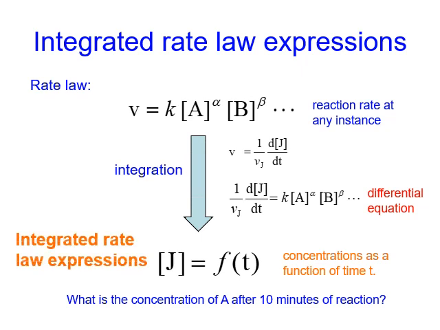This is called the integral rate law. The rate law tells you how the reaction rate changes when concentration changes. The integral rate law tells you what the concentration is at a certain time. One tells you the reaction rate, one tells you the concentration.